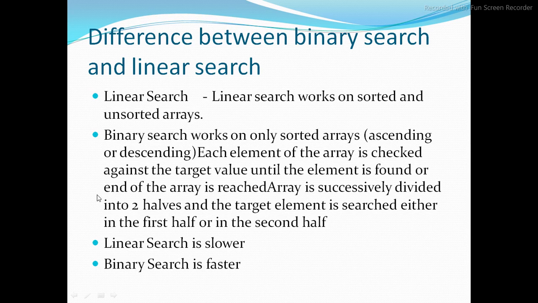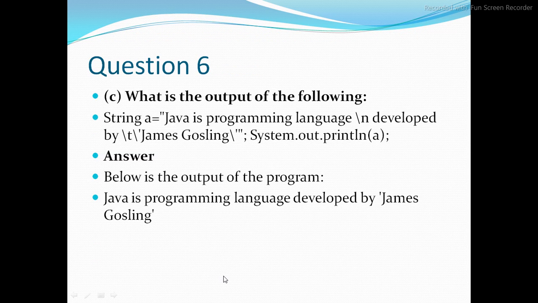Linear search is slow because we compare each element, traversing one by one to find the element we want. Whereas in binary search, we divide the list into two parts, sort them separately and then merge after completing the sorting. That's why binary search is faster.